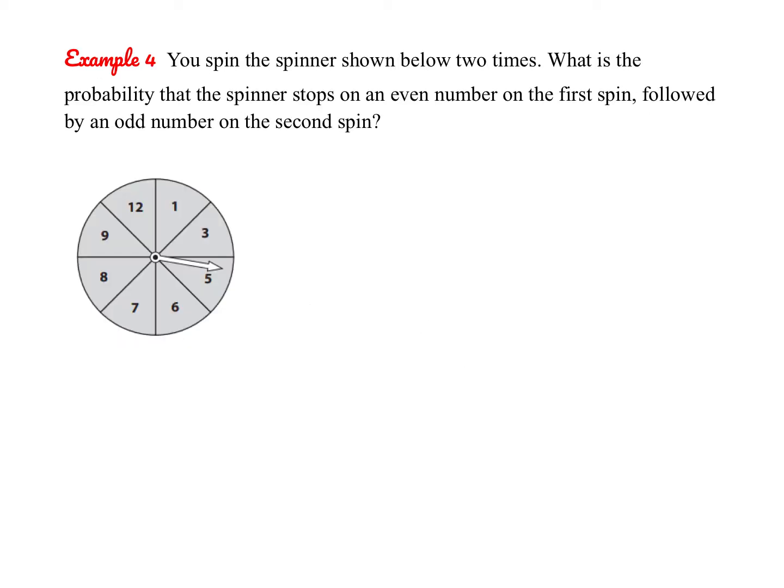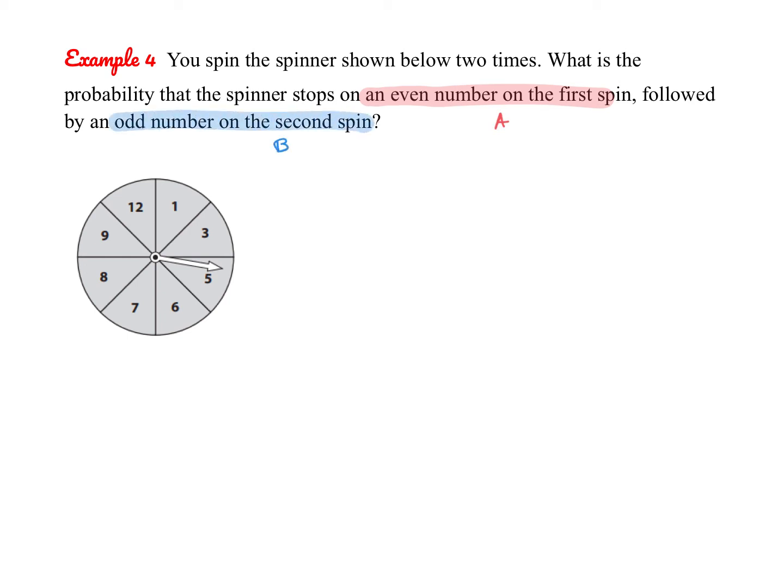All right, let's try another one together. So here we spin the spinner that's shown below 2 times. What is the probability that the spinner stops on an even number on the first spin, we'll call that event A, followed by an odd number on the second spin?